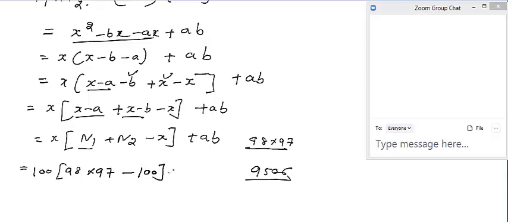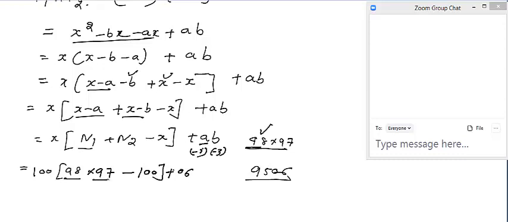A into B, correct? A is the deviation. Deviation A is minus 2 and B is minus 3. So you have 6, and you will write it as 06, no problem.